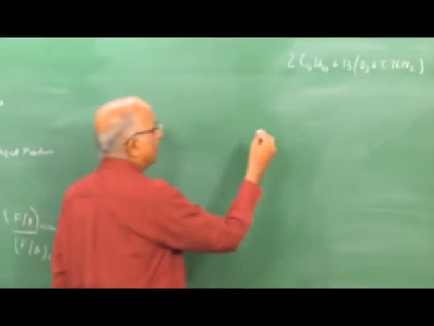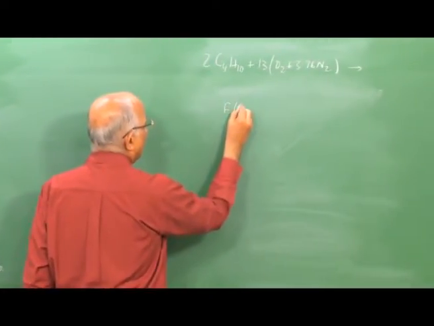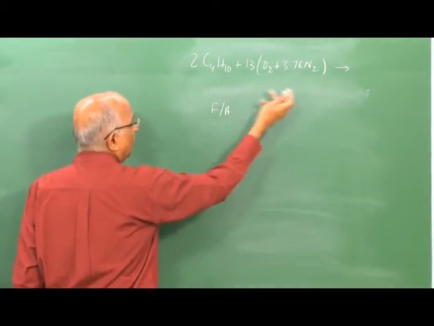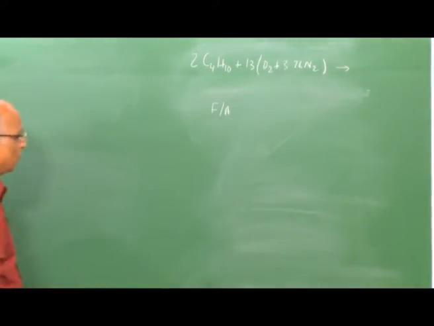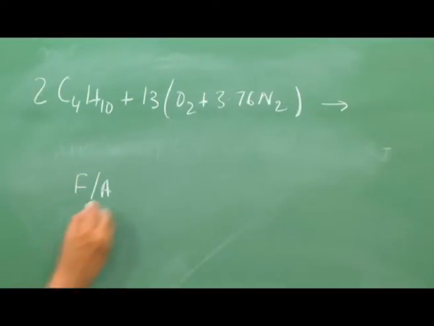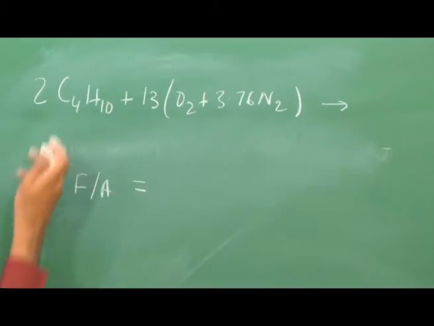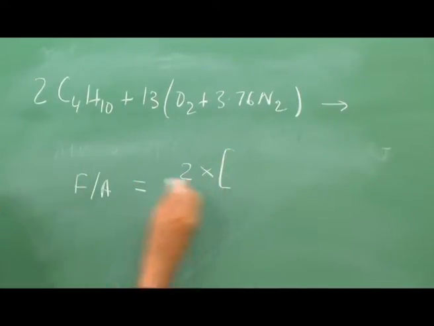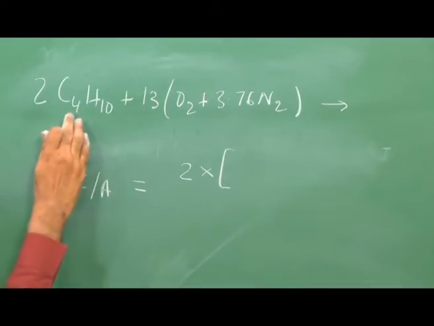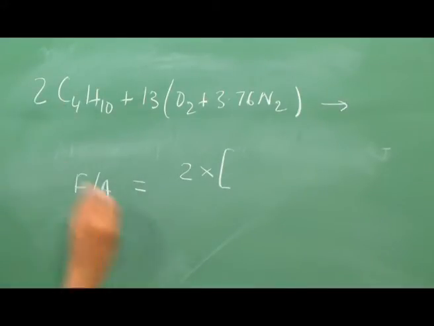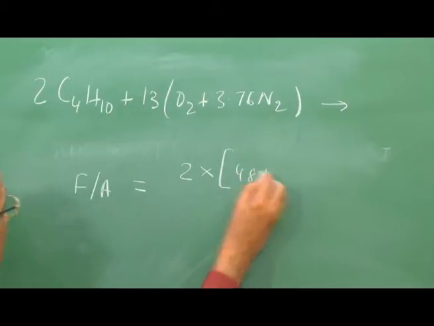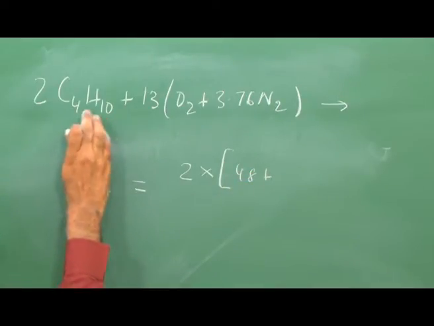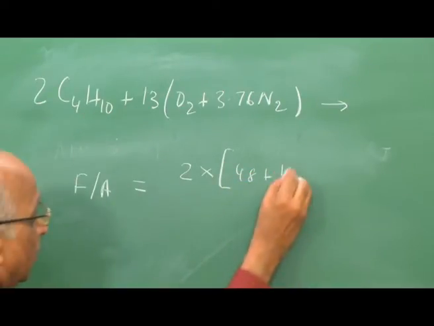If I look at the fuel by air ratio for this particular reaction, which gave me stoichiometric products of combustion, the fuel by air ratio is equal to, how much is the fuel? 2 moles into, what is the molecular mass? I have 4 into 12, 48, plus hydrogen, 10 into 1, 10.